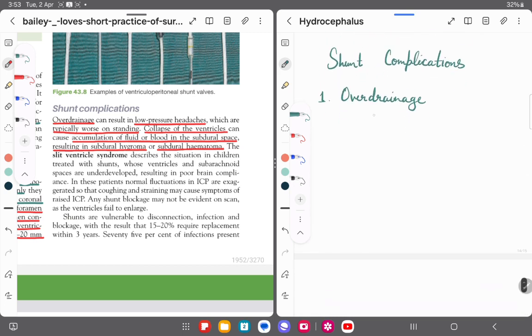Overdrainage can result in low pressure headaches, and it is typically worse on standing.